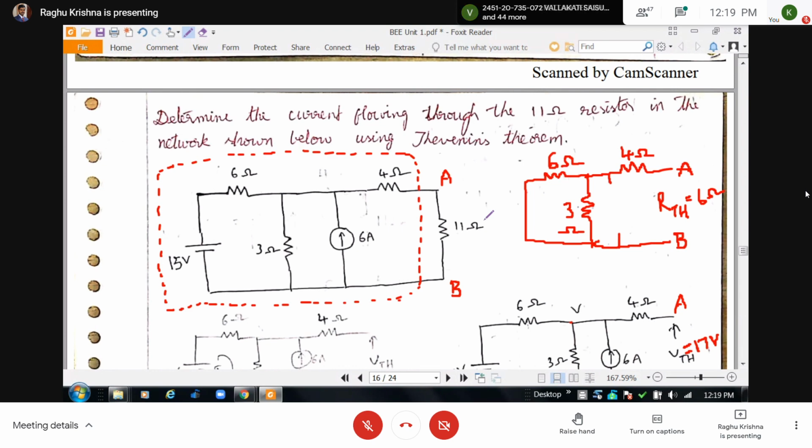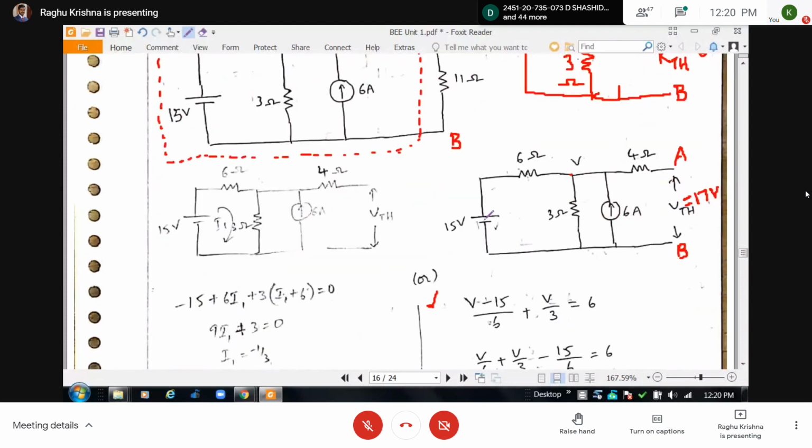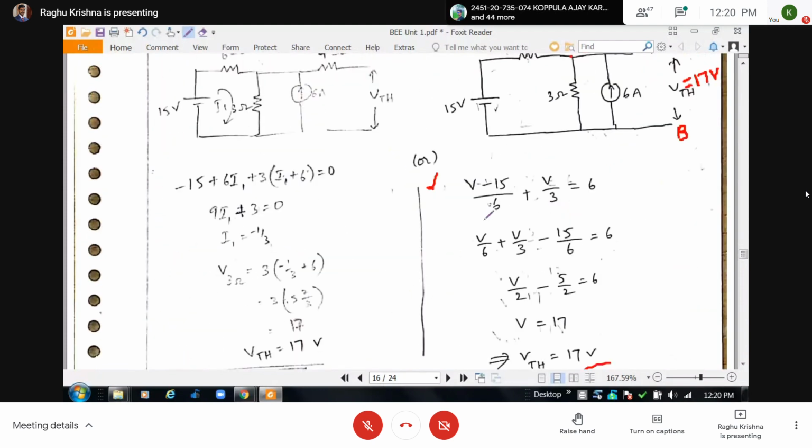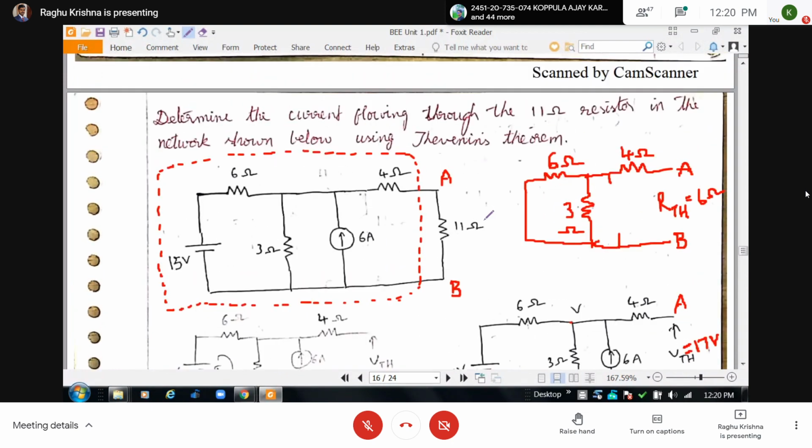Shall I proceed for Norton's theorem? Is it clear? Tell me. If it is clear, then I will proceed to Norton's theorem. The same problem I am going to do using Norton's theorem. Yes, you can proceed.